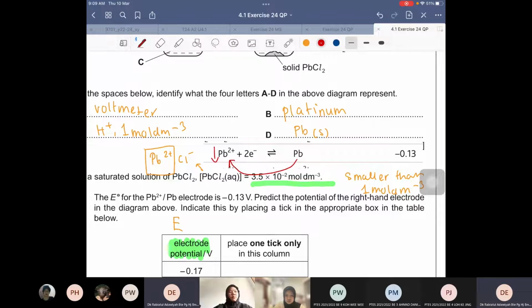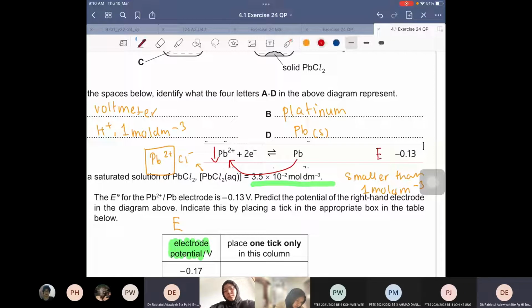Okay, that means if you are favoring the reverse reaction, you are going backwards. You're making the electric potential more negative. Also, another explanation is because you're producing more electrons, so your system will be more negative.